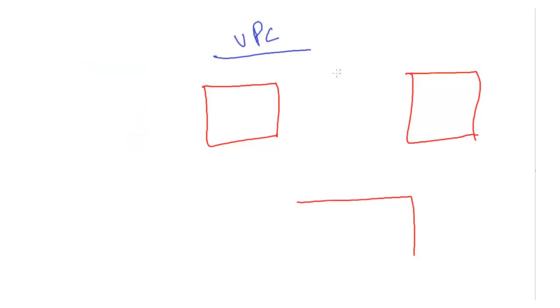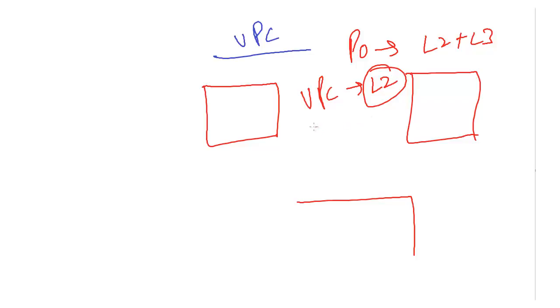Another thing that you need to know is that the traditional port channels that we discussed are layer 2 plus layer 3, meaning you can have layer 3 port channels as well. But vPC is only layer 2, it is not layer 3. This is the first thing. vPC works only on the Nexus devices.